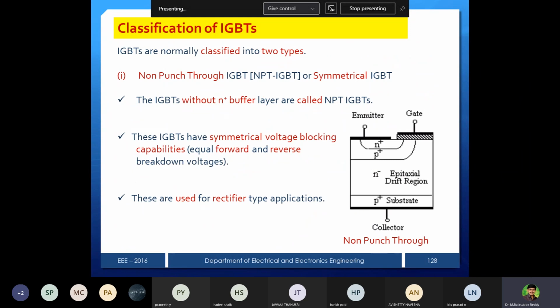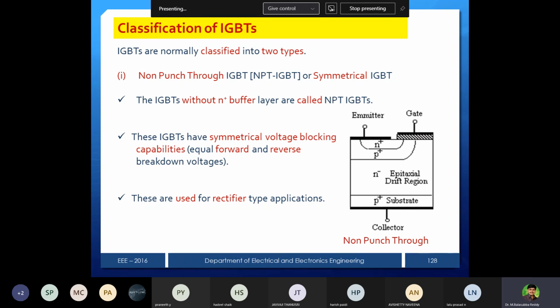There are two classifications of IGBT. One is the non-punch through IGBT, and another one is the punch through IGBT. In this structure, if you see, one of the layers is missing compared to the earlier structure. Non-punch through is also called a symmetrical IGBT.